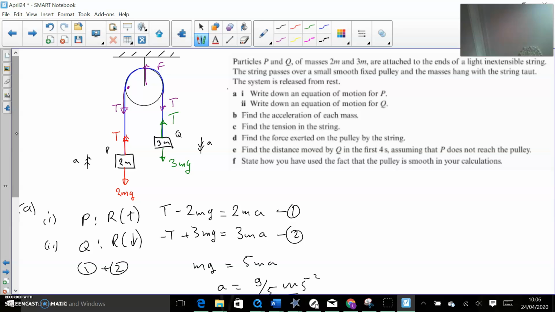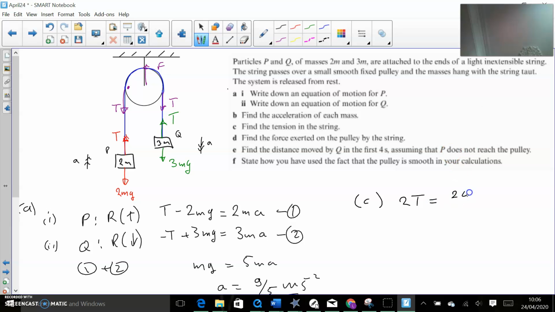Then we've got D, find the force exerted on the pulley by the string. The forces on the pulley are the purple forces. The force exerted by the string on the pulley is just the T down on both sides, so that is going to be 2T.